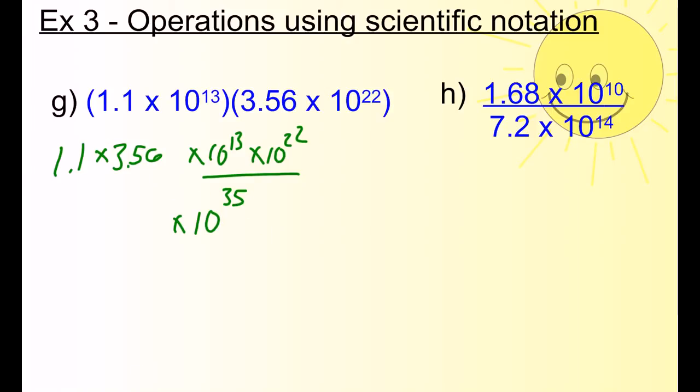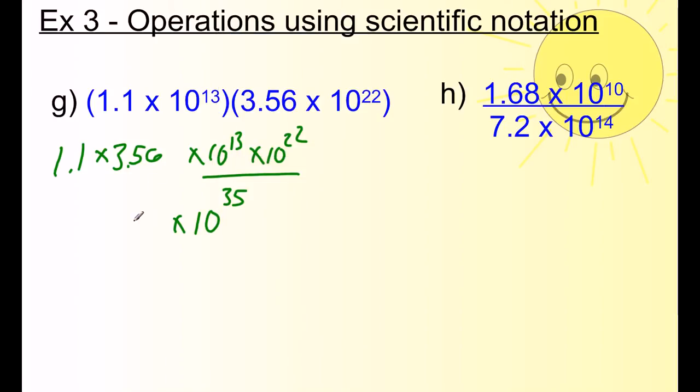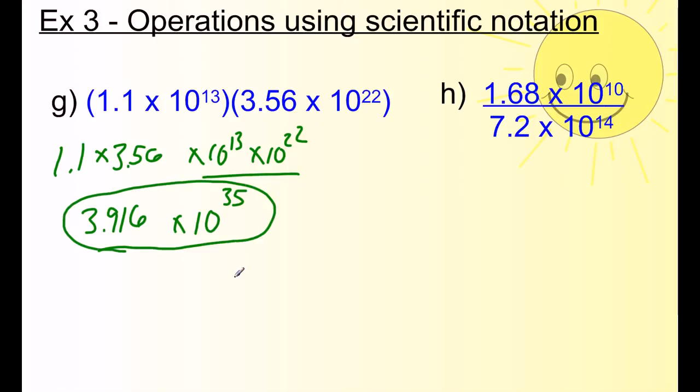And 1.1 times by 3.56 equals 3.916. Let's see, this number out front already has 1 number in front of the decimal, so this is in scientific notation, which means we're done.